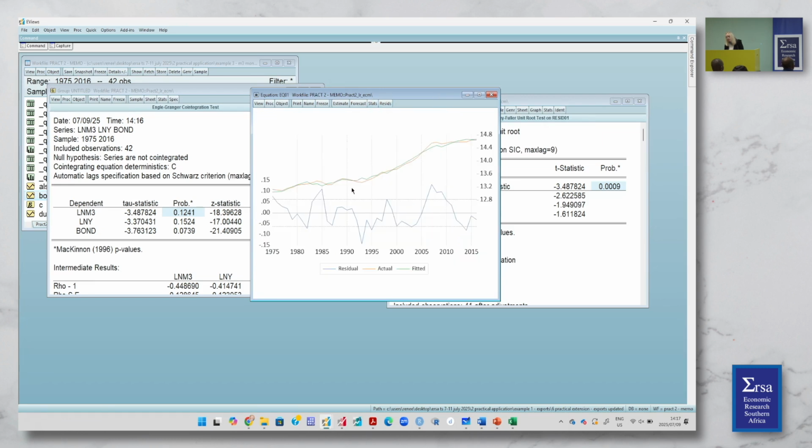Look at where we are missing things. And it looks like a little bit here, a little bit around the global financial crisis. And what we see is that actual money was higher than what was justified based on income levels and bond rates.